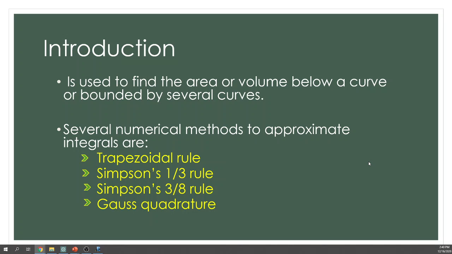What we are studying currently is numerical integration, which means that we integrate based on the data.